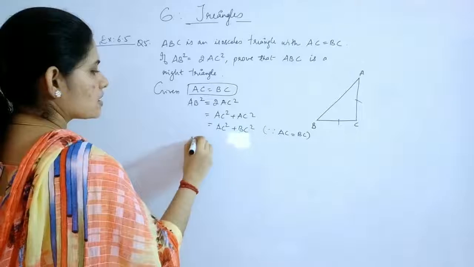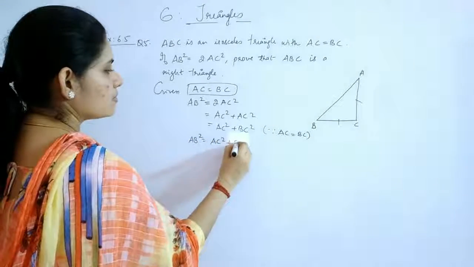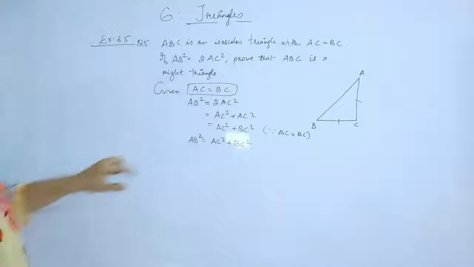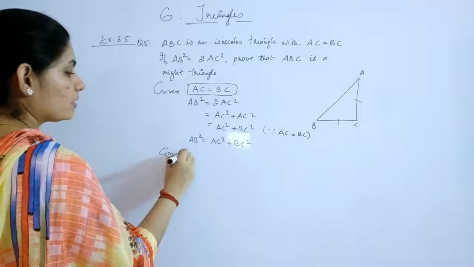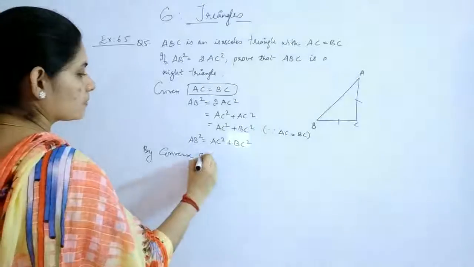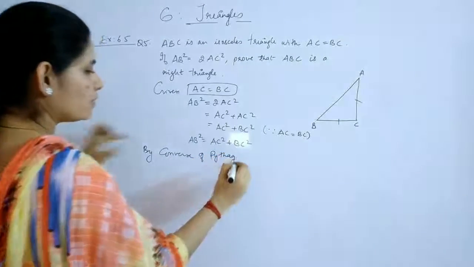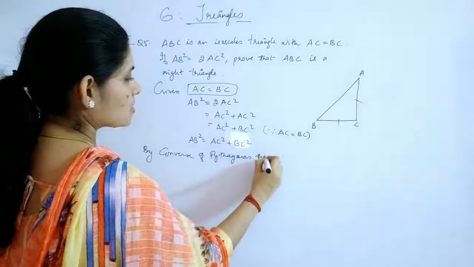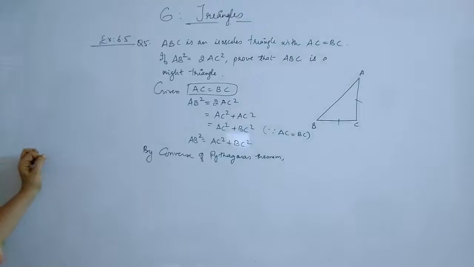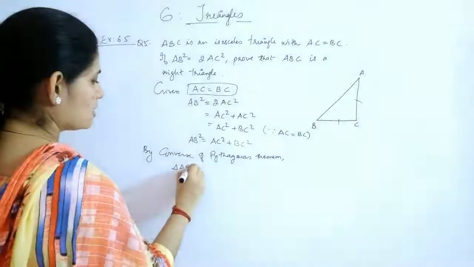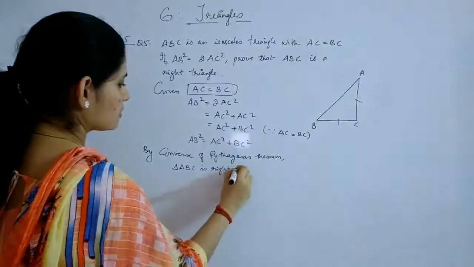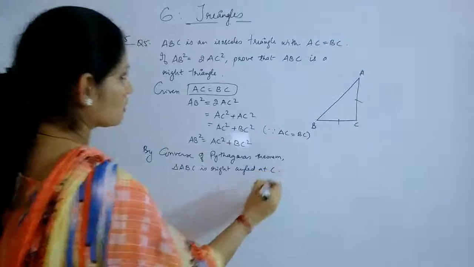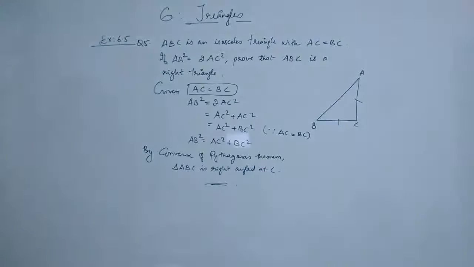So what we have got is AB square is equal to AC square plus BC square, and by the converse of Pythagoras theorem, you can say that triangle ABC is right angled at C. Okay, that means triangle ABC is a right triangle.